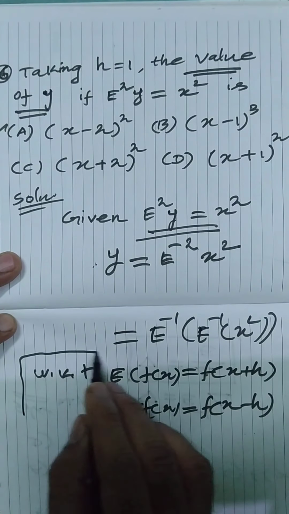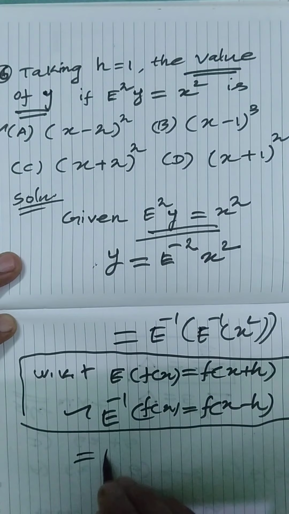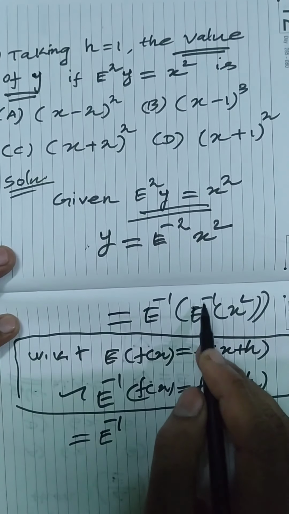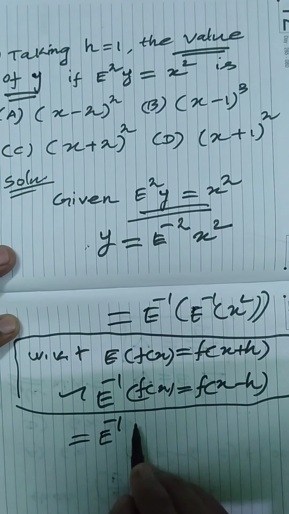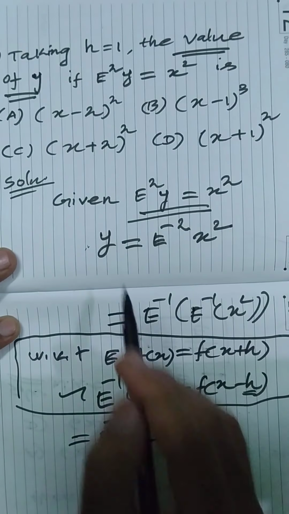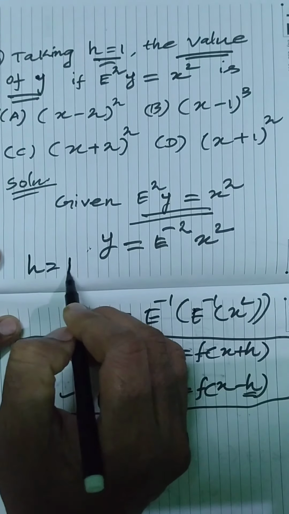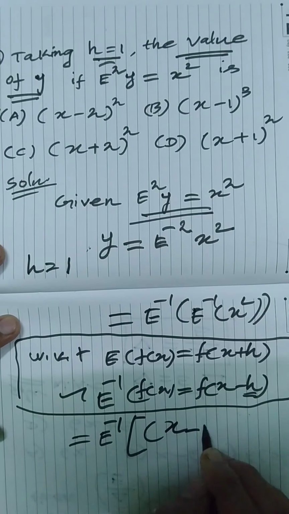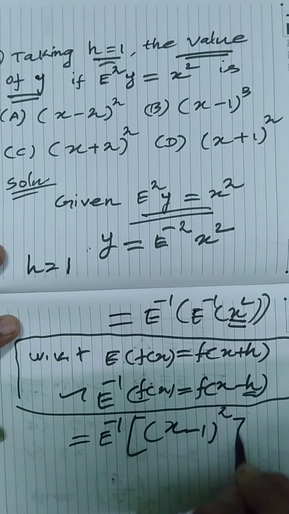So we are using this here. First operate this inverse shifting operator, E inverse of x square. Here the h value is given, h equal to 1. From the definition, we get x minus 1, whole square.